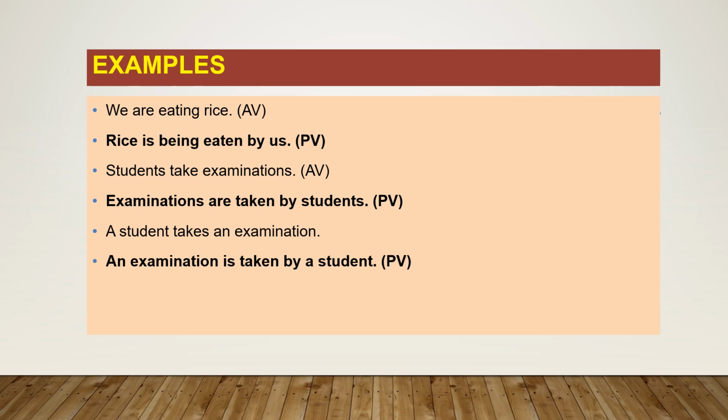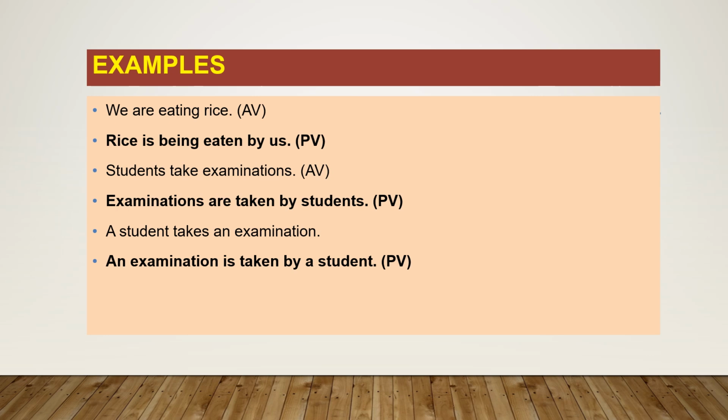You can have this in singular. Somebody asked this question in the live chat for the video on active and passive. A student takes an examination. Suppose both are singular. A student takes an examination. I have done nothing to the sentence except make it into singular and provide articles.